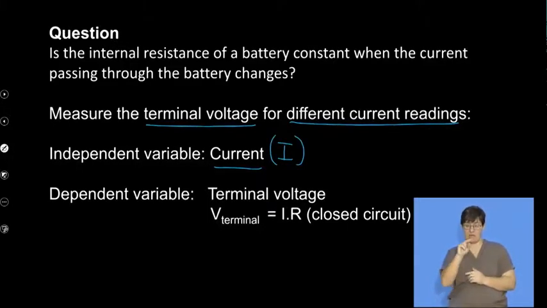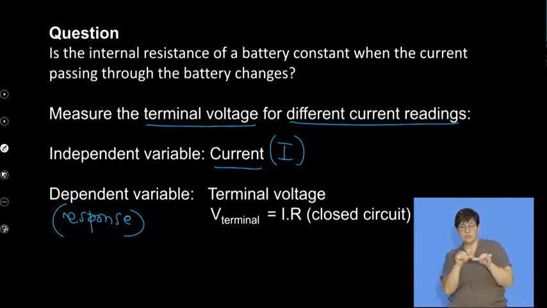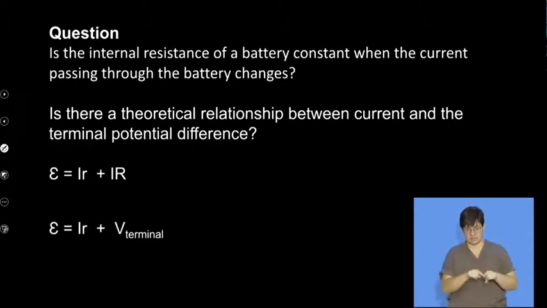Now, in response to changing current, this is our response variable. We're going to measure the terminal voltage, which is our V external. Think of it: this is still across the battery, but only in a closed circuit. Remember, we have said the same question in many ways.